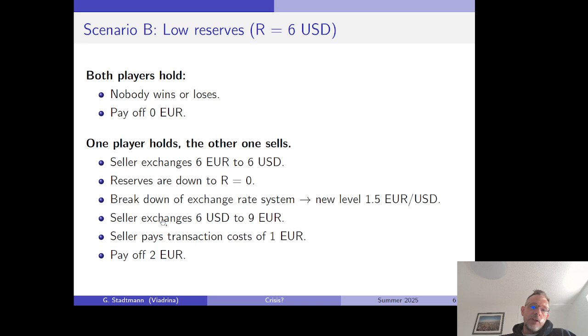Afterwards, the financial agent can exchange the $6 back into €9, and the seller has to pay transaction costs of €1. So the payoff for this player is equal to €2.